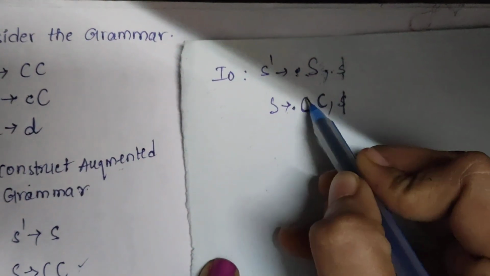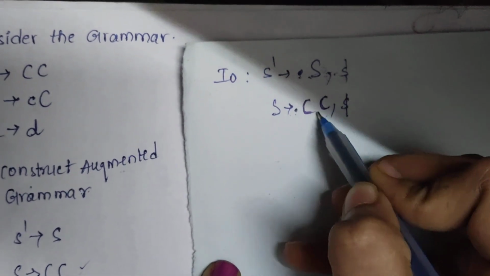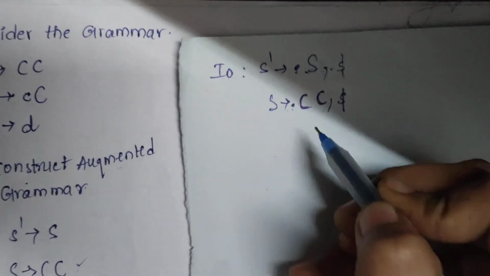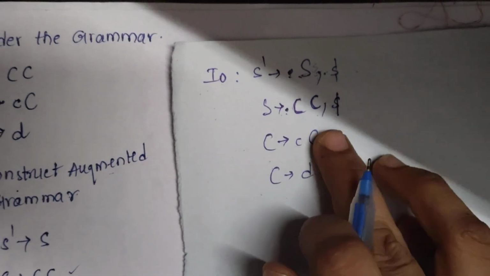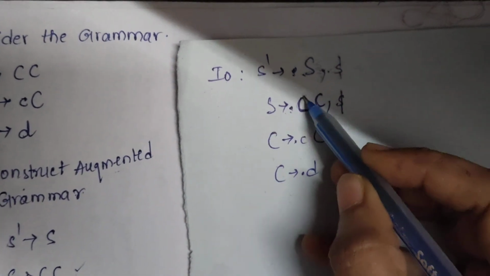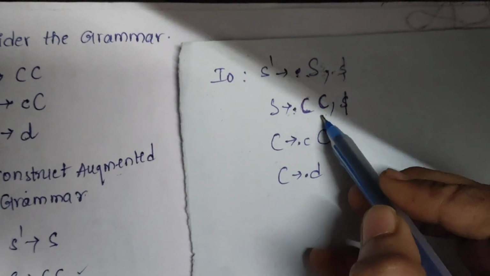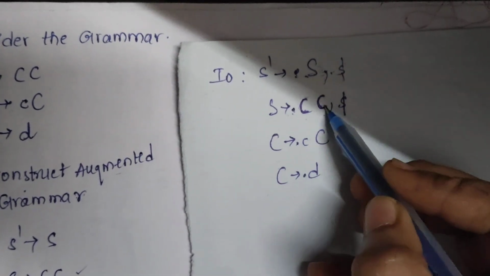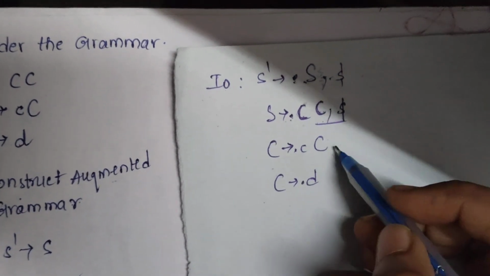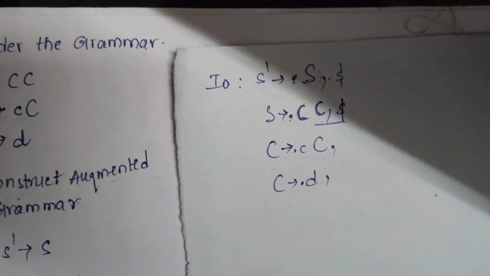Again we have dot C. The dot is followed by non-terminal capital C, so we need to write all the C productions. After writing the C productions, you just keep the dot before them. The dot is followed by capital C, and beside it we have capital C, so we need to calculate first of capital C. Then we'll get the look ahead symbols for this.